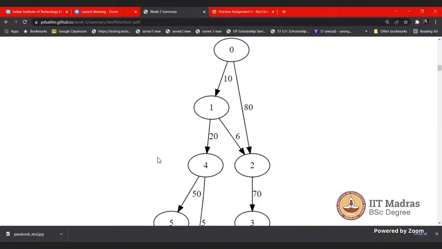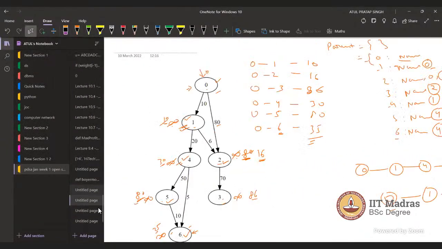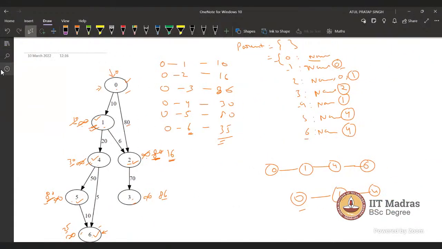So for example, if an edge is given like this, with weight say 16, now this is not correct.